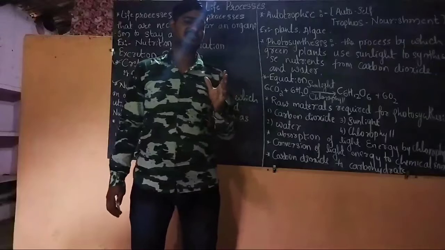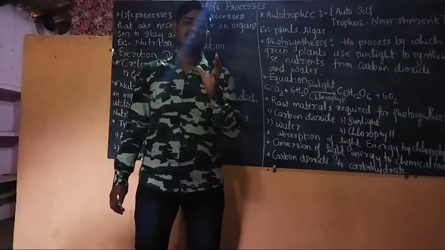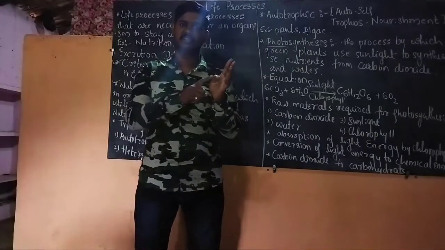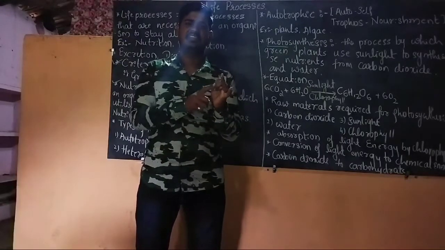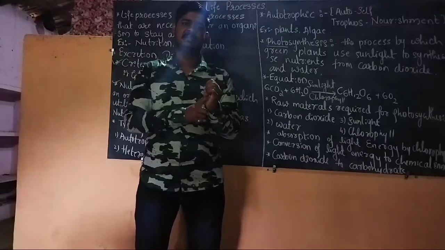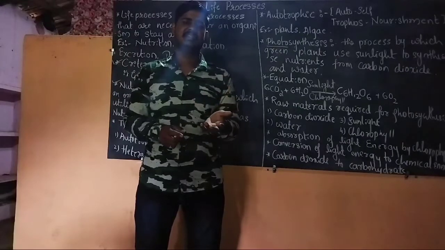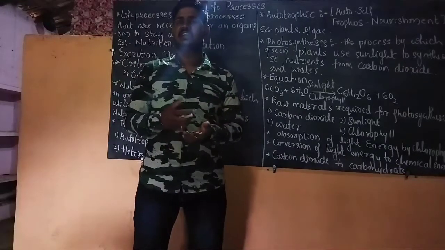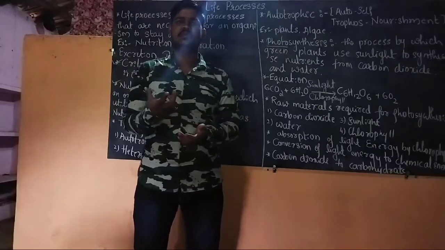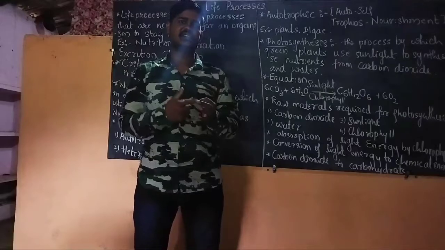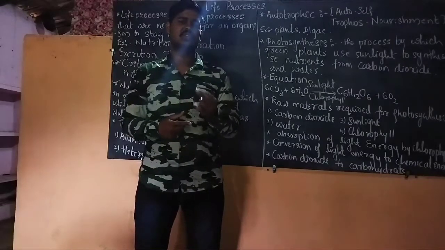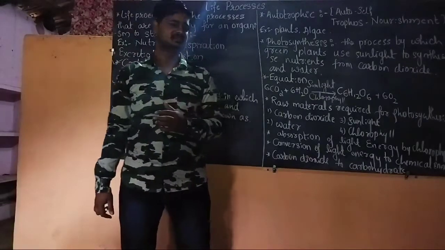So we can say that during photosynthesis, carbon dioxide is essential, light is essential, chlorophyll is essential, water is essential, and carbon dioxide is taken in by the plants and oxygen is released. Oxygen is a product of photosynthesis. We can say that glucose and oxygen are the two products of the photosynthesis process.